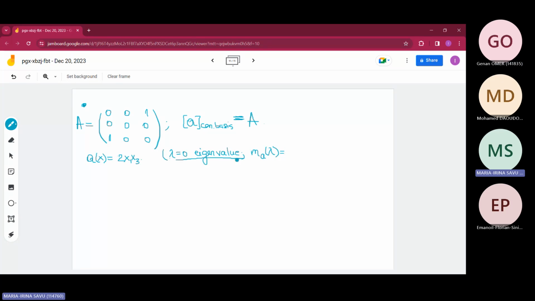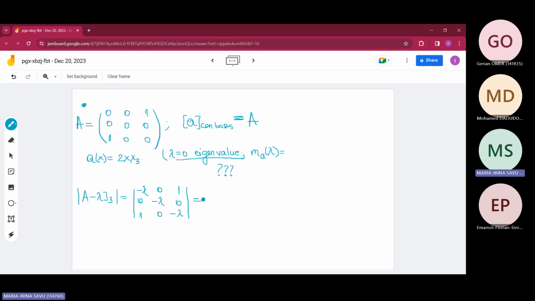Is it an eigenvalue or not? Did we make the wrong computations? Let's see. Let's take a look at A minus lambda I3, and at the determinant of this matrix. So you have minus lambda, 0, 1, 0, minus lambda, 0, 1, 0, minus lambda, right?